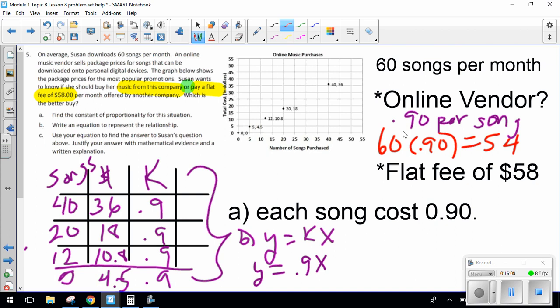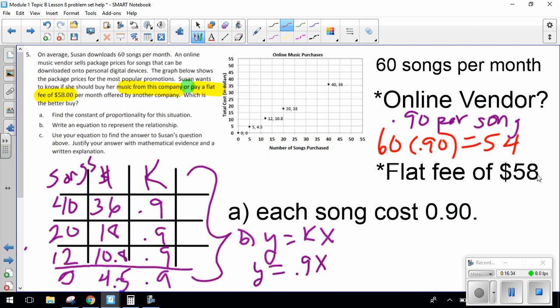So which is my better buy? The better buy is the online music purchase because each song costs 90 cents. If I purchase 60 songs, I will only pay $54, whereas the flat fee will cost $58. A lot of students have asked, what if I purchase more than 60 songs?